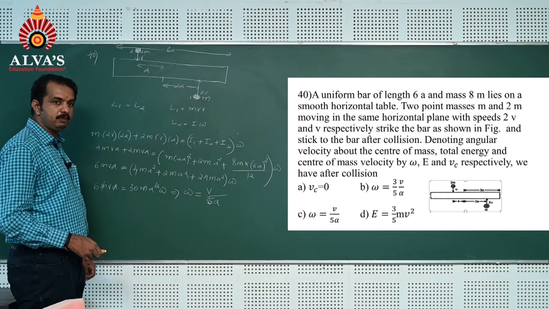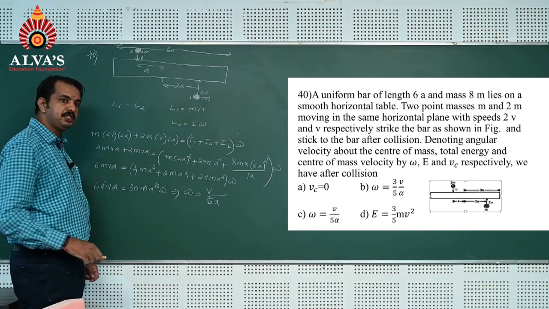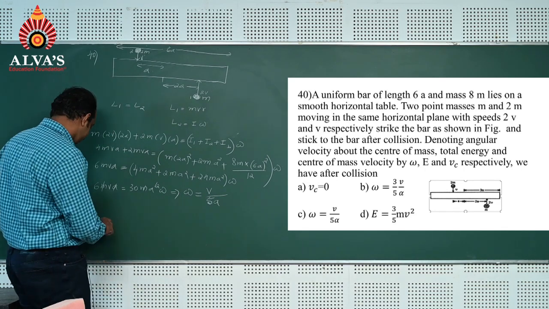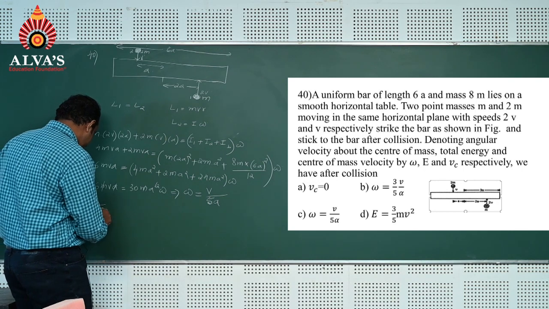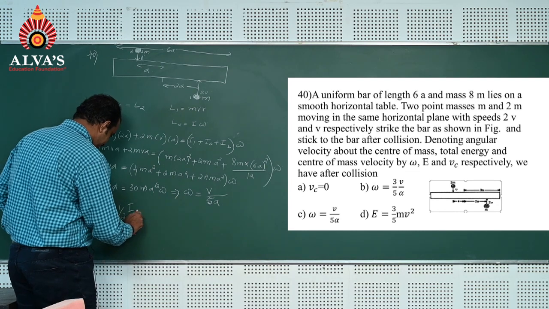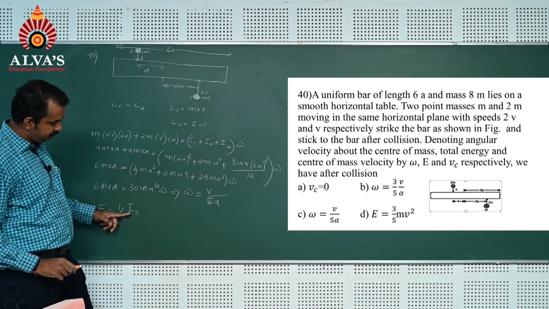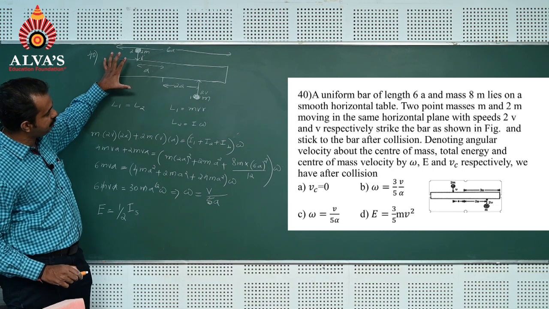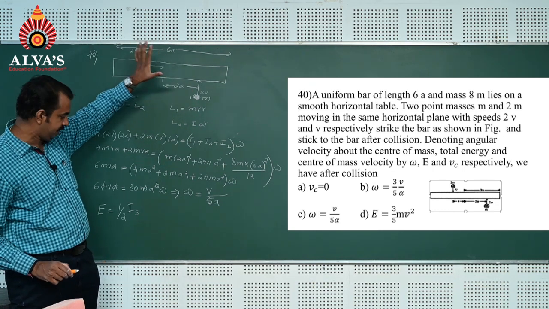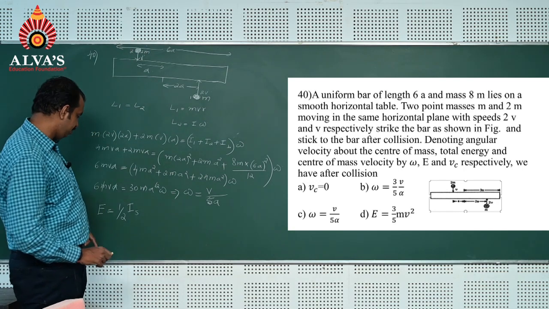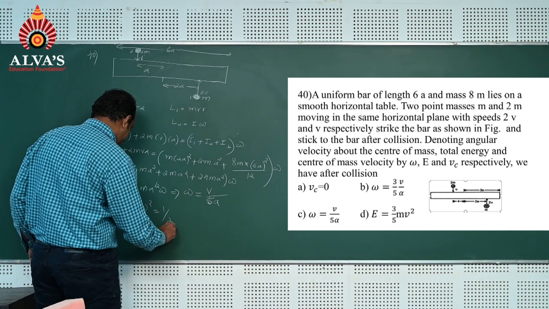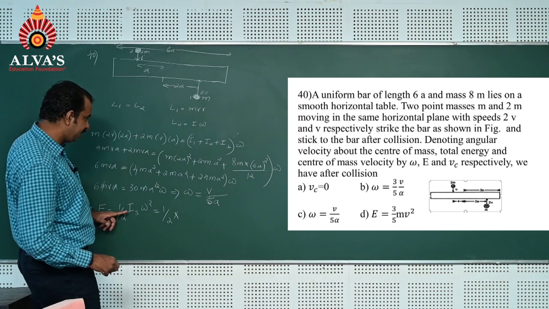Then we can check option D, which is about the total energy of the system after striking. Total energy E is equal to half into the moment of inertia of the system, Is, into omega squared. The moment of inertia of the system means that of the two particles as well as the uniform bar after the collision, which we already calculated.